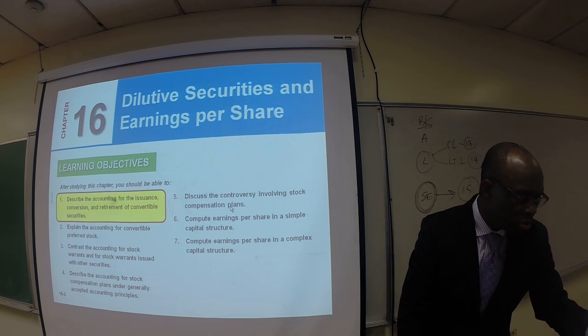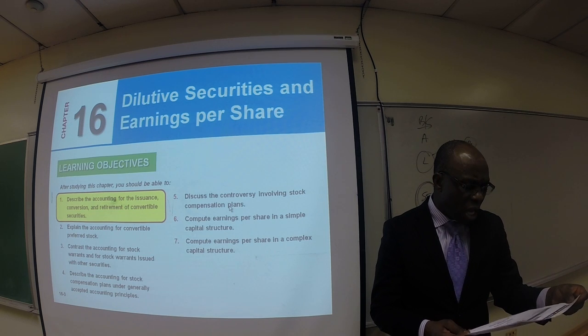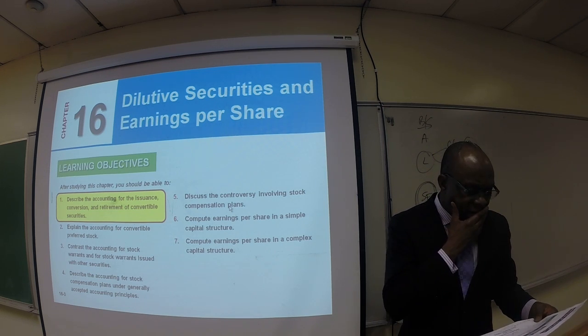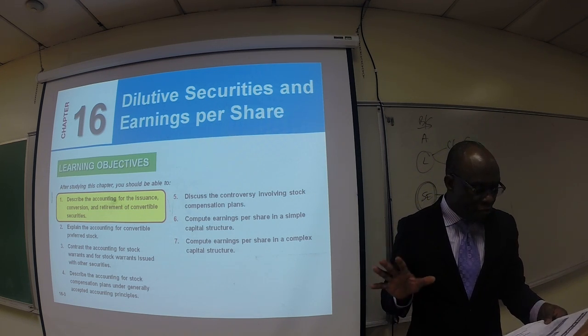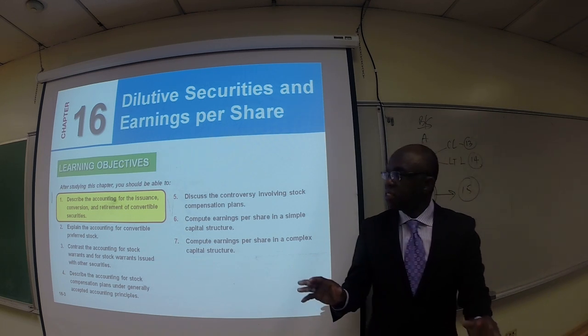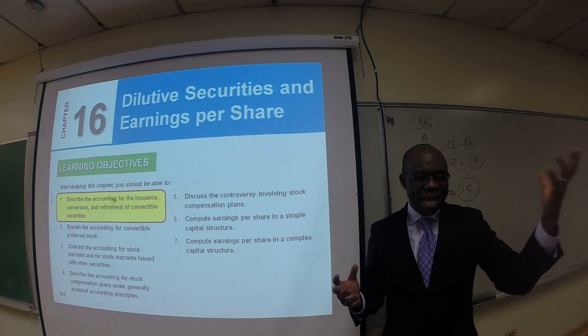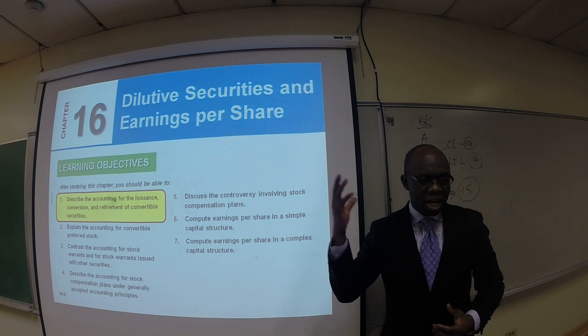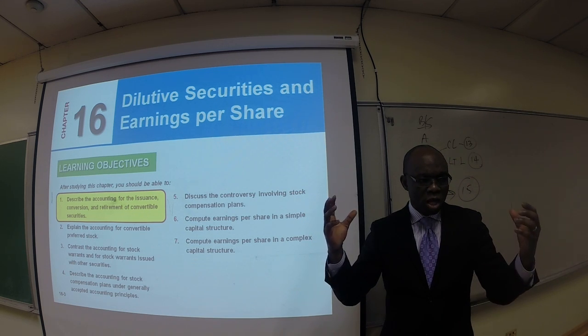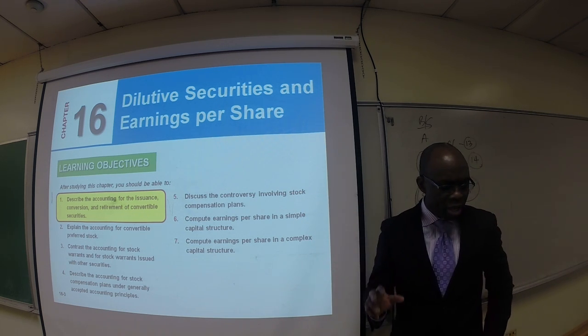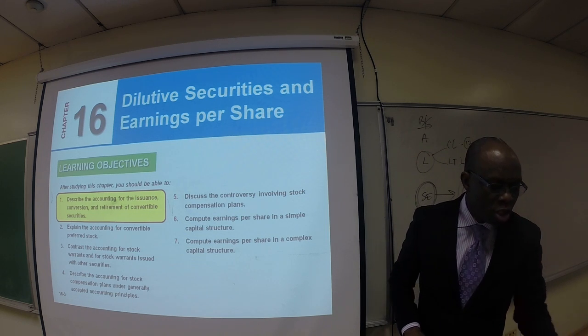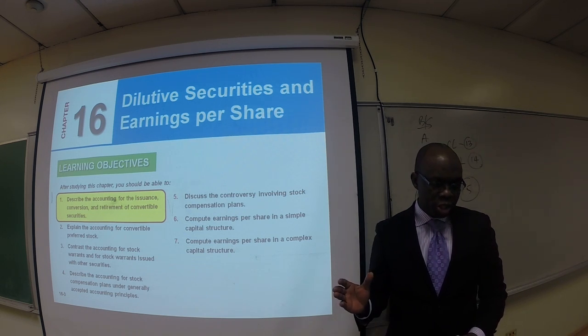So moving along, let's take a look at a further overview of this chapter. As I indicated earlier, the chapter deals with two main issues: dilutive securities and earnings per share. So let us briefly talk about earnings per share. What is earnings per share?